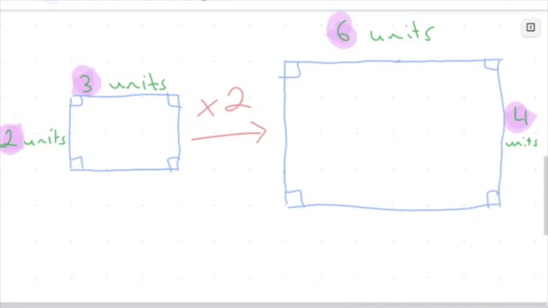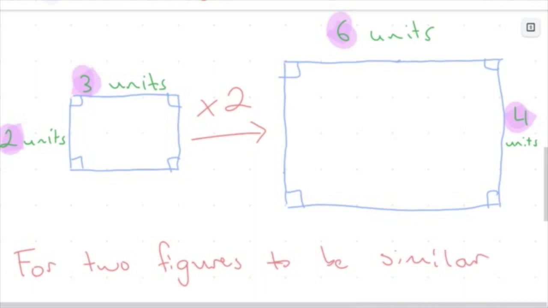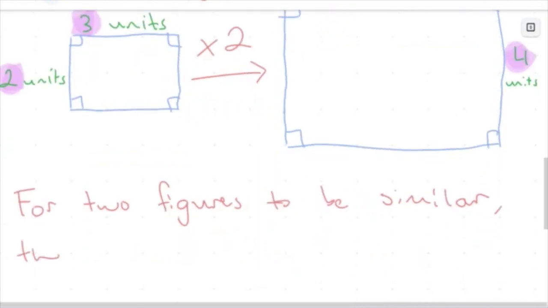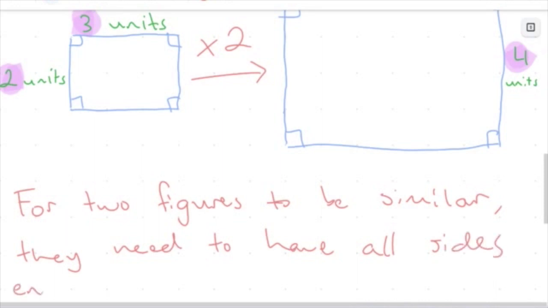So I'm going to write down here, for 2 figures to be similar, they need to have all sides enlarged by the same scale factor.